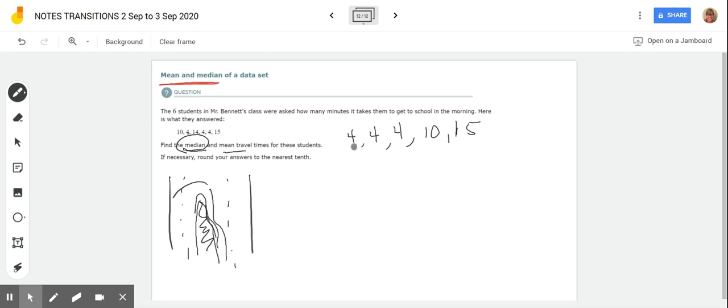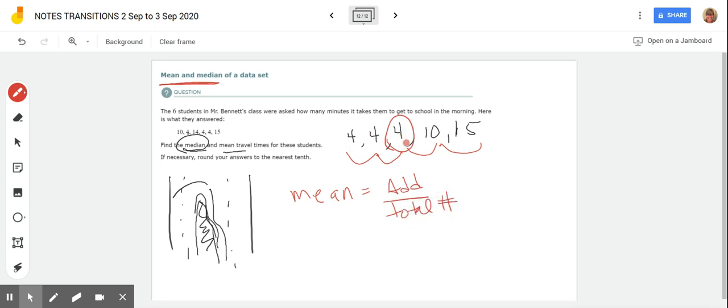It's in the middle. So you start counting from the ends and you find the middle. So I've gone 1, 2, and it's 4. If you end up with an even number of data points, you take the average between the two middle points. In this case, it's 4. And the mean means you add them all up and divide by the total.